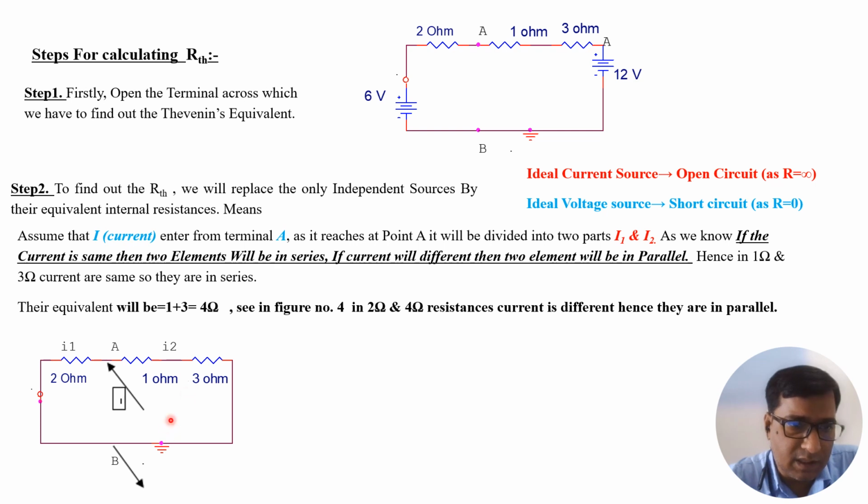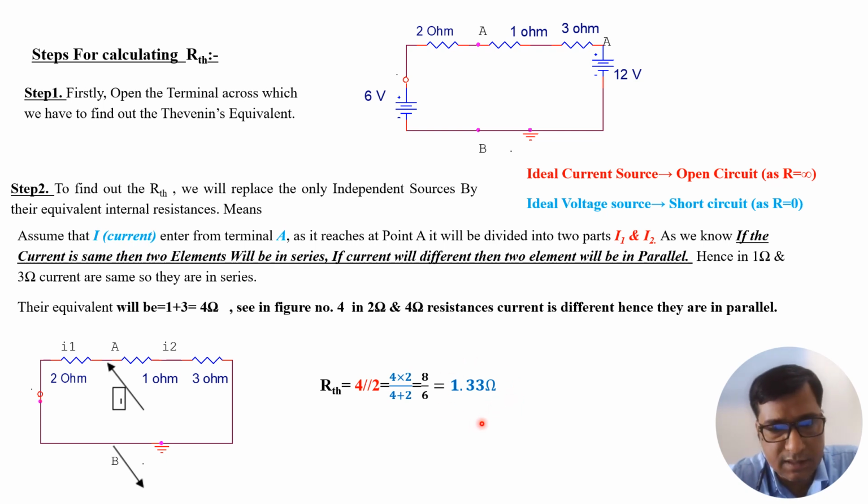If two resistors are in parallel, then R1 into R2 upon R1 plus R2, and the value will be 1.33 ohm. So hence, for the equivalent circuit, the Thevenin's equivalent resistance is 1.33 ohm.